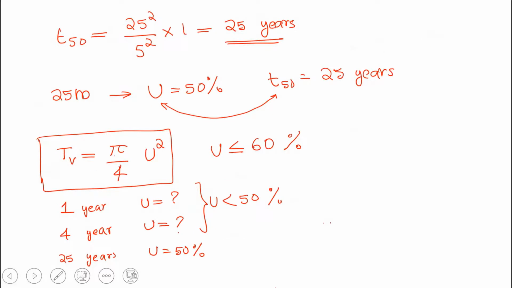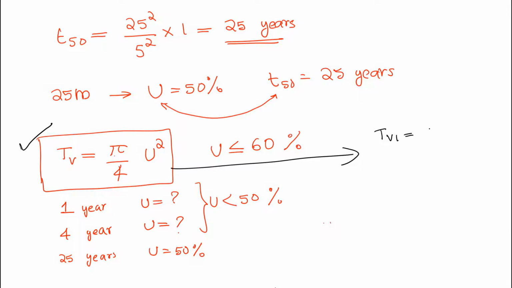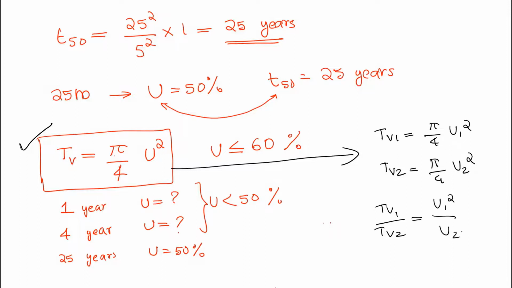Now come back to the previous slide. From this previous slide, we have the equation Tv = pi/4 × U². I can write this as Tv1 = pi/4 × U1² and Tv2 = pi/4 × U2². So what is Tv1/Tv2? When I divide these two equations, pi by 4 will get cancelled, giving U1²/U2².